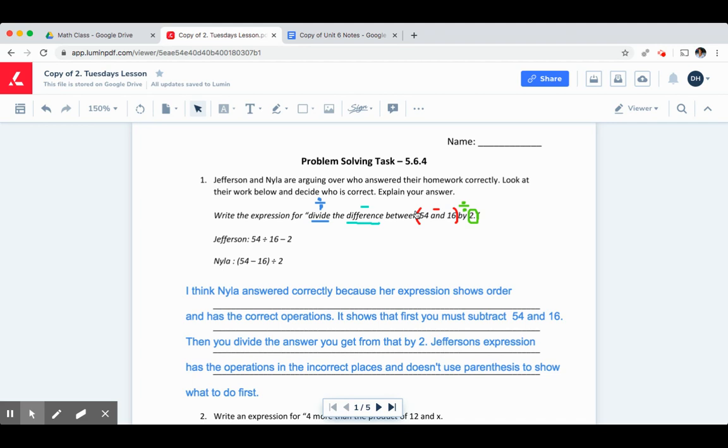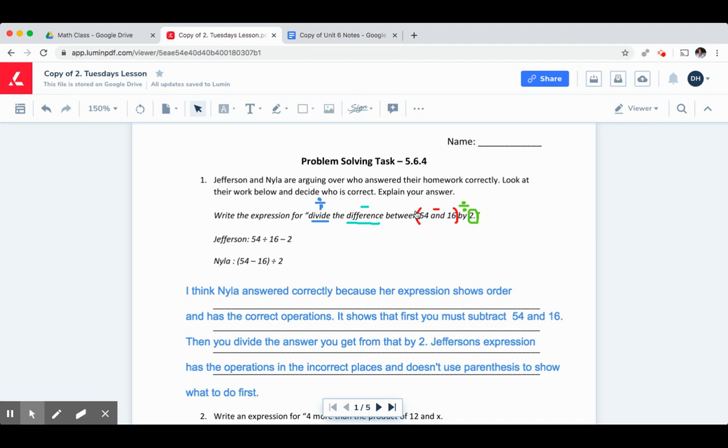First, you needed to reread the phrase and determine what operations were happening. And then we thought about what was being divided and what was being subtracted. And last, we determined what needed to happen first in our expression so that we knew what to put parentheses around.